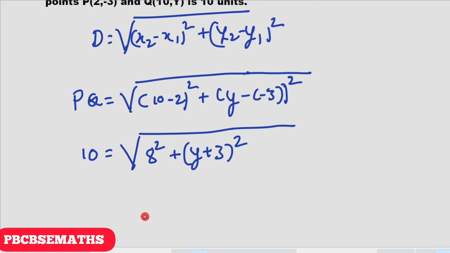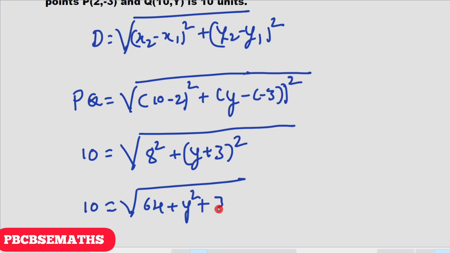Next, let's simplify it. 10 equals square root of 64 plus this one we can write it as y square plus 3 square plus 2 into y into 3. It is in the form of a plus b whole square.